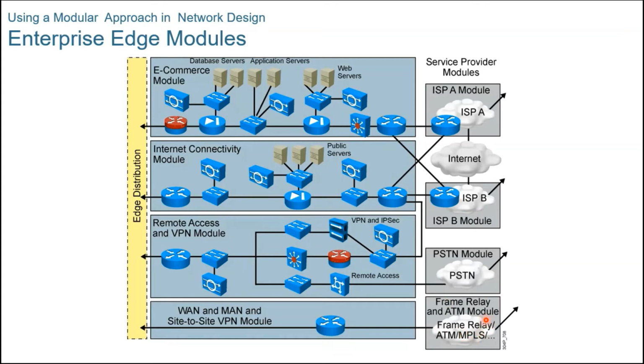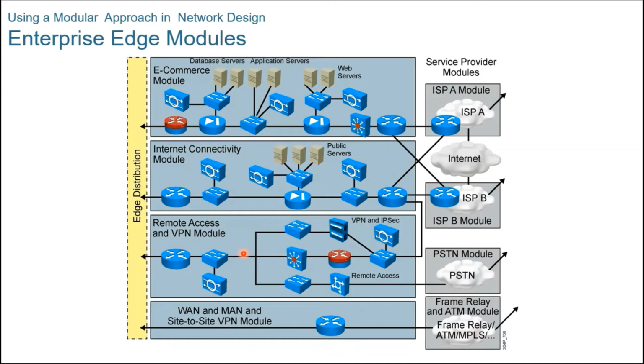Frame relay is nearly obsolete. We have new technologies coming in, and you can use those to connect on this WAN and MAN and site-to-site VPN module. Now, these modules connect to the campus core directly or through an optional edge distribution module.